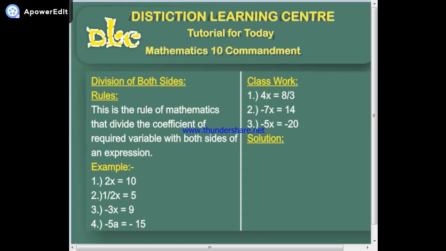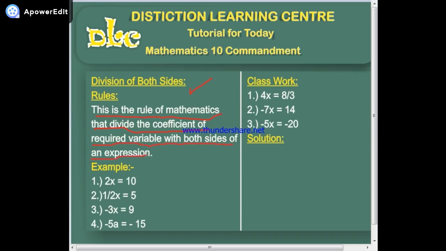Our tutorial for today still remains Mathematics 10 Commandments. We are proceeding to Commandment 4, which is division of both sides. The rule states that you divide the coefficient of the required variable with both sides of an expression.